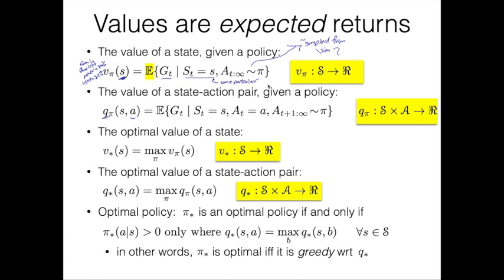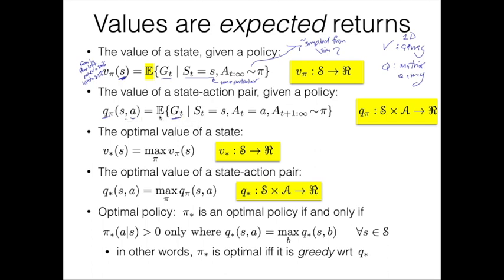So in a programmatic sense, V is an array, a 1D array or a vector, and Q is a matrix, or a 2D array, because we're going to have two indices here, the state and the action.